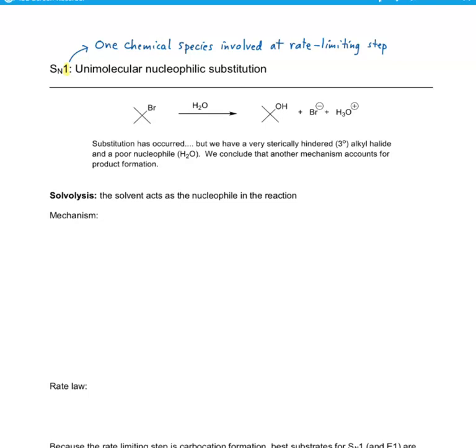Okay, so let's look at what's happening in this example here. We have tert-butyl bromide, which is a tertiary substrate. So we know that this has some steric hindrance associated with it. The bromine, as we've seen in many examples now, is a good leaving group.